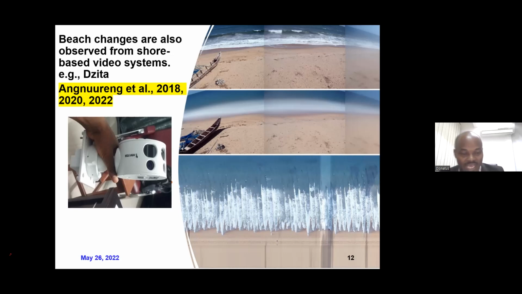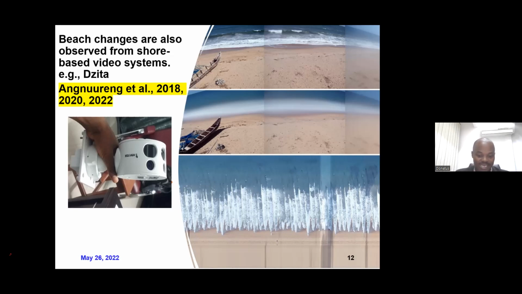And I presented this because I'm thinking that this is not an expensive methodology or equipment; if we can improve or develop this method, it can help a lot with sediment transport and beach management.